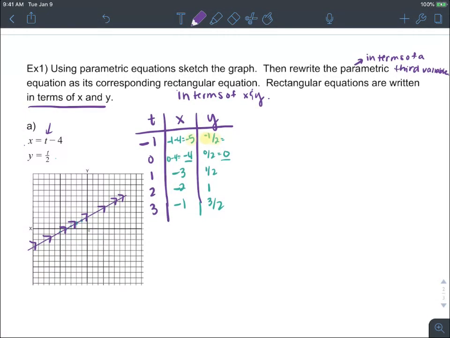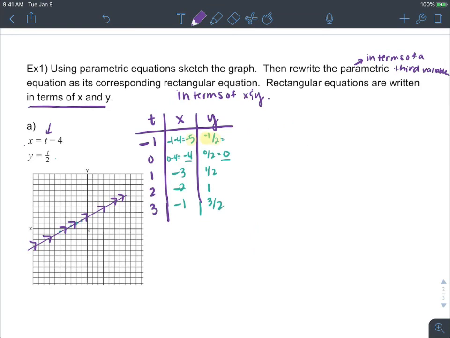Now let's change the parametric equation to be in terms of x and y. So our equation is x is equal to t minus 4 and y is equal to t over 2. Okay. We need some directions.